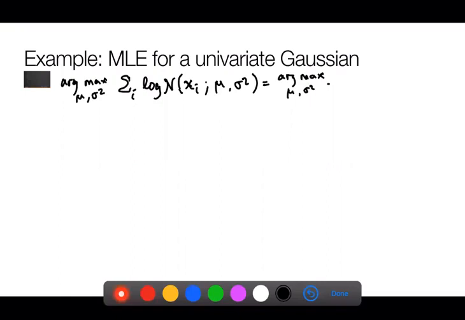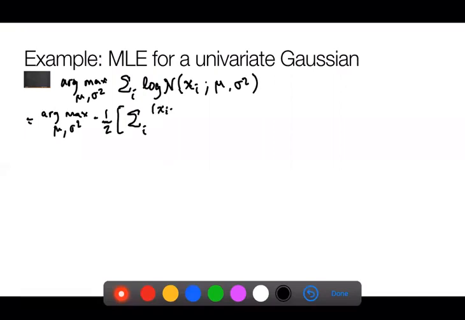Actually, I'm going to run out of space here, so let me write this on the next line. Negative 1/2, which I'm going to pull out into the front, out of the sum, of the thing that was inside the exponent, which is xi minus mu squared over sigma squared, plus log sigma squared.